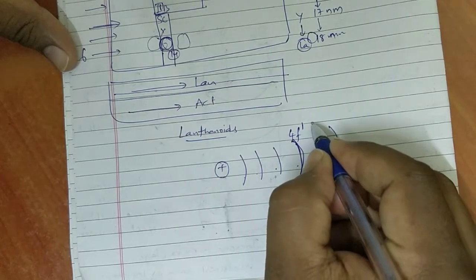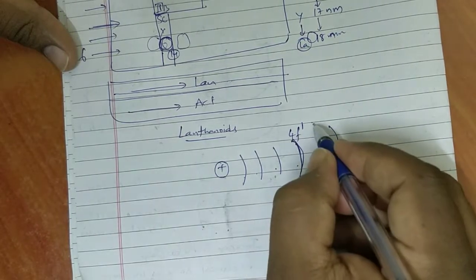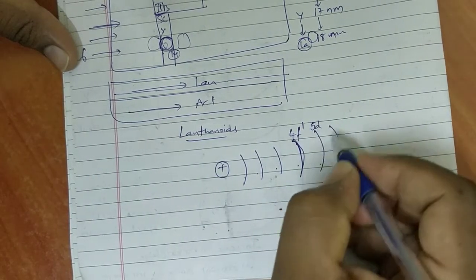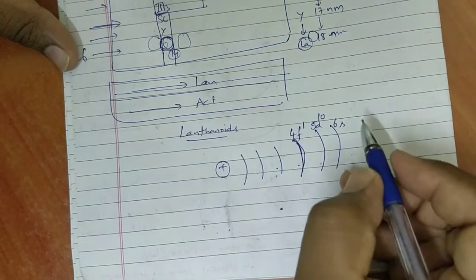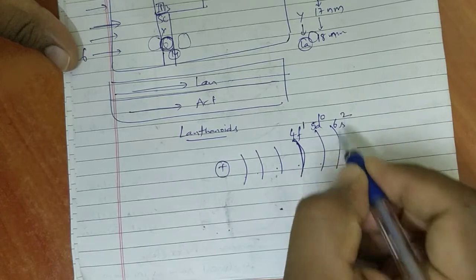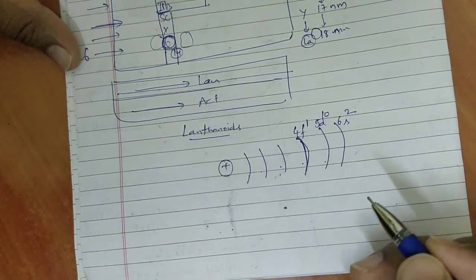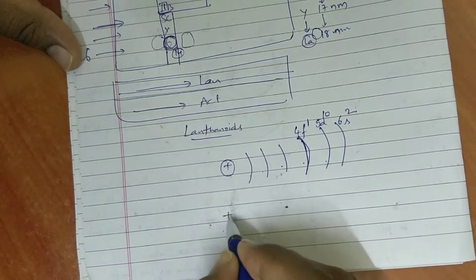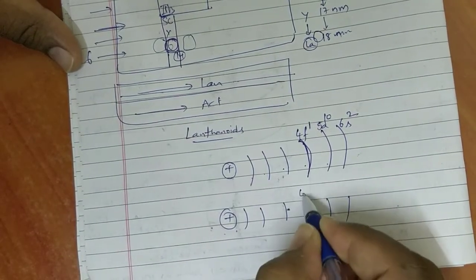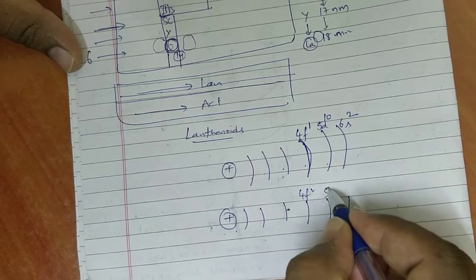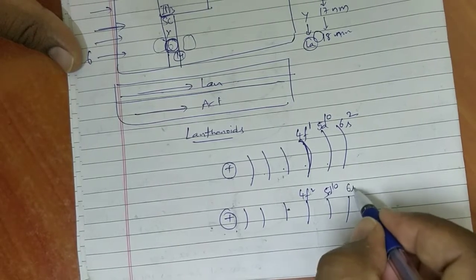Next, 5d, 6s, 5d10, 6s2. Okay, next lanthanide, 4f2, 5d10, 6s2.